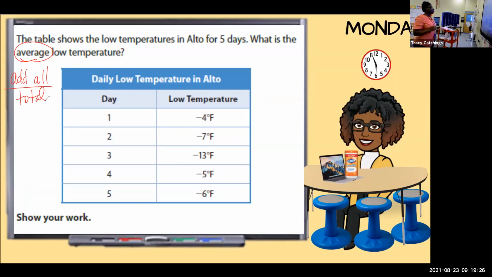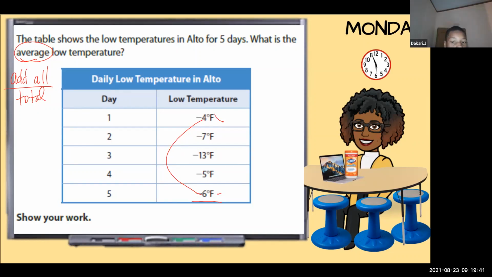If we look at all these values, we see that they have negatives. So that means we can add our numbers and just keep the negative. 6 and 4 will get us what? 10. 7 and 13 will get us 21, so we got 25, so we got negative 35.